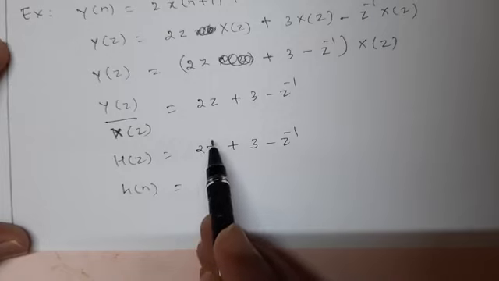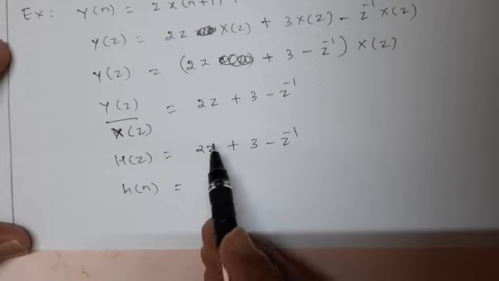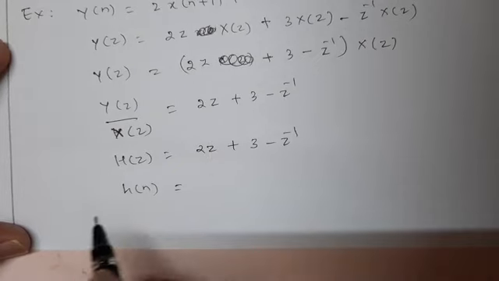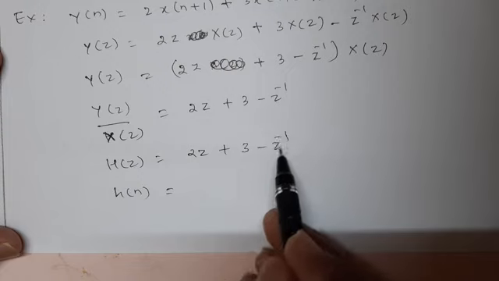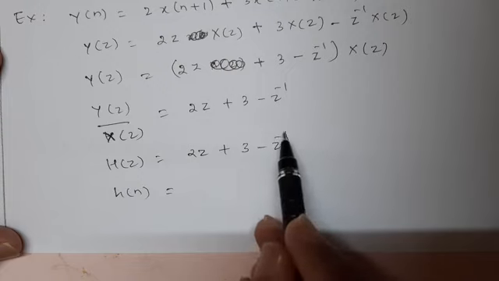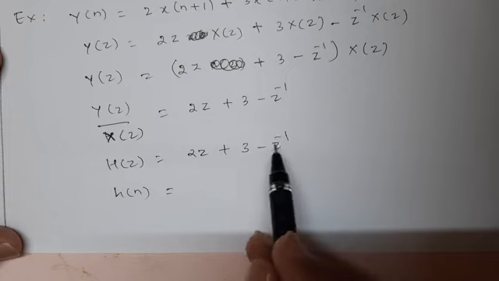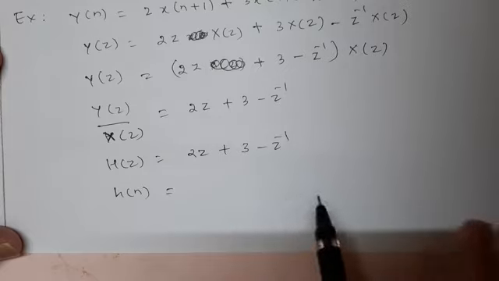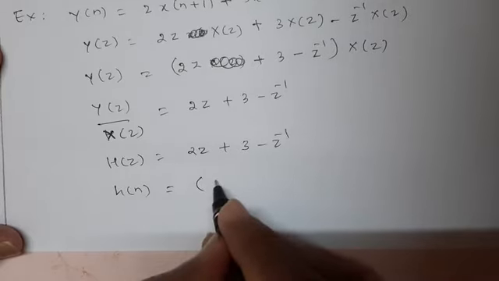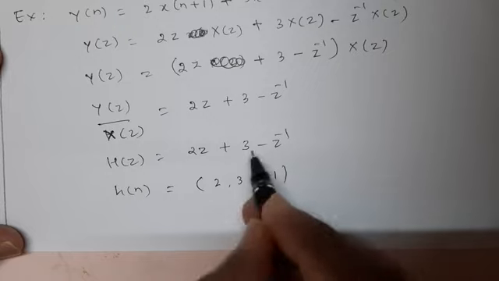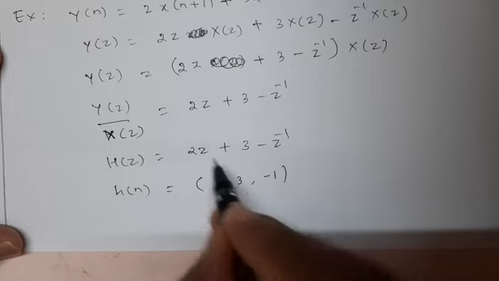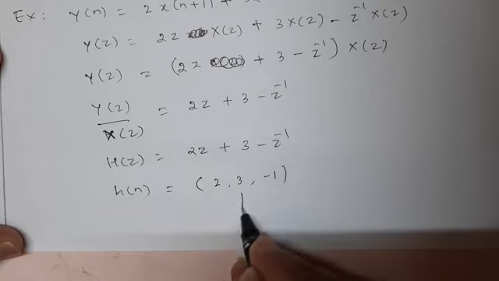When z has a positive exponent, the sequence has a sample at a negative time. When z has a negative exponent, the sequence has positive time samples. Hence I can write it as 2, 3, minus 1. The coefficients I am writing: this is minus 1, this is 3, this is 2.